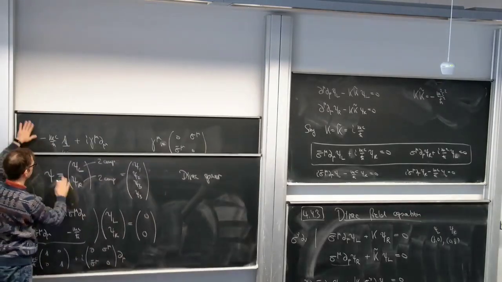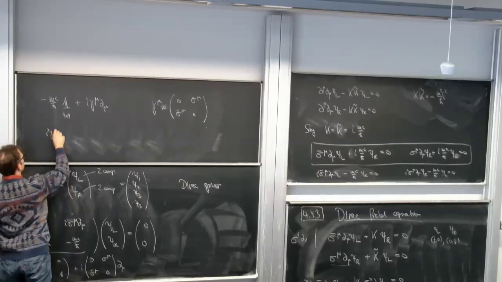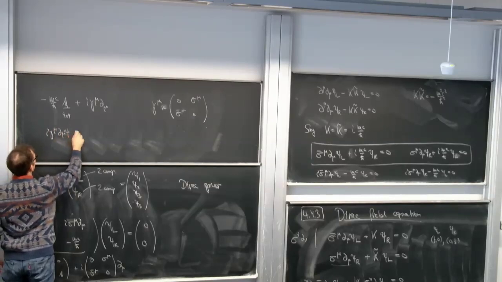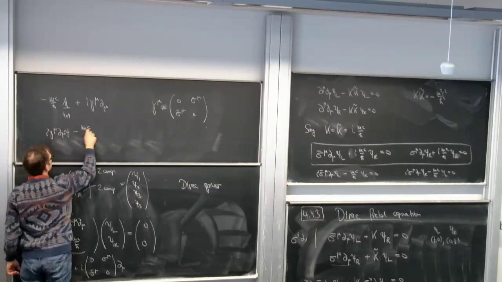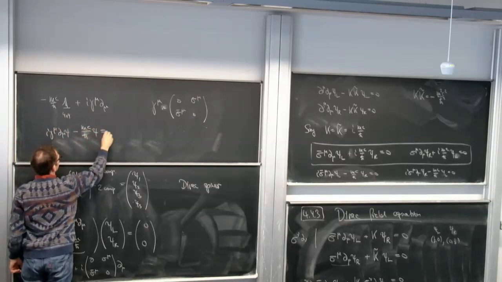And then this equation here reads I gamma mu d mu psi minus MC over H bar psi equals 0.